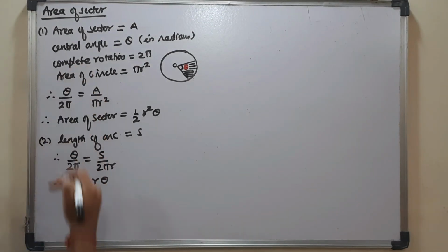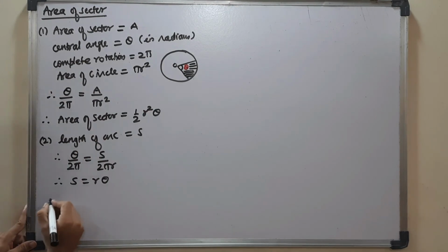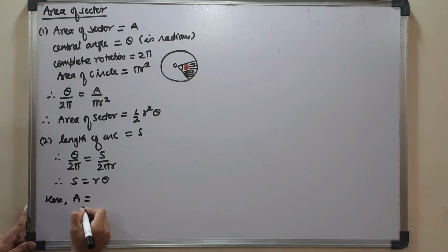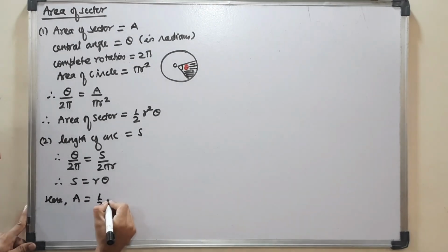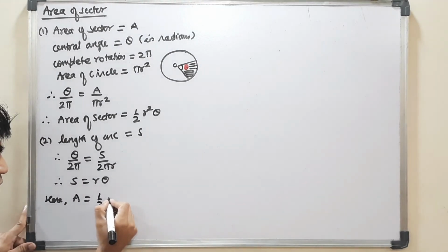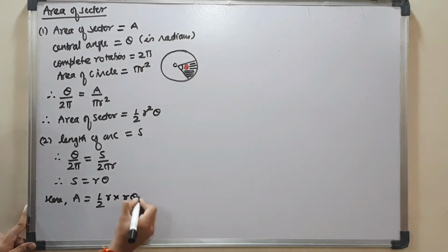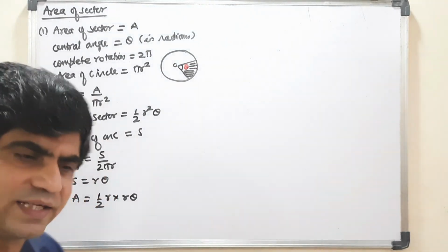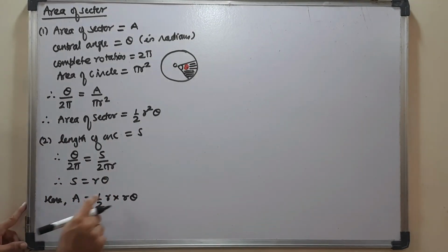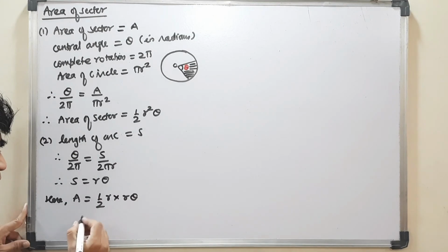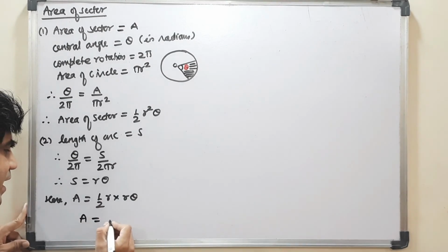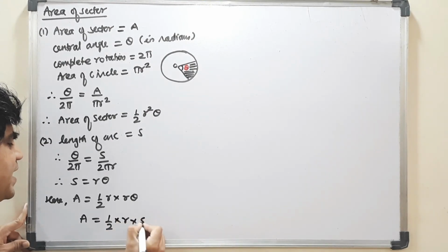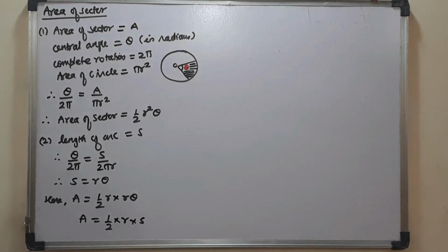Now what is the coordination between them? If you see here, what I get, the area of sector is actually half r square theta. So half r into r theta. R square theta can be written as r into r theta, right? Now this r theta is nothing but length of arc, means area of sector is half into radius into s, right?